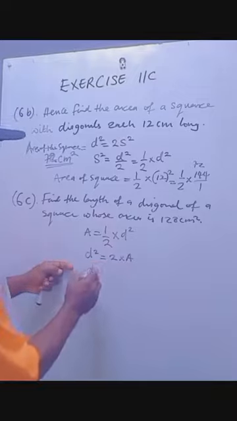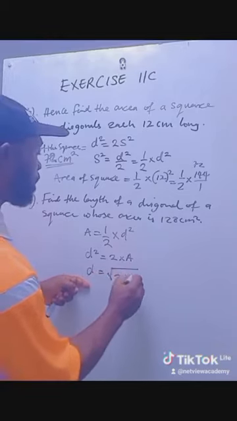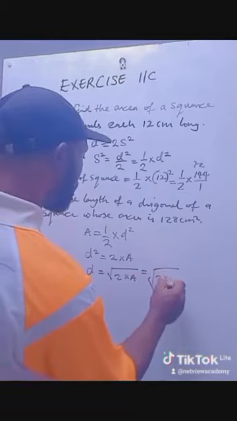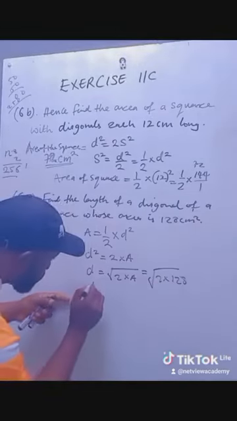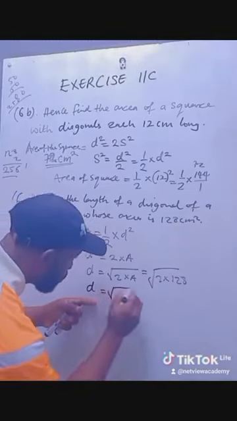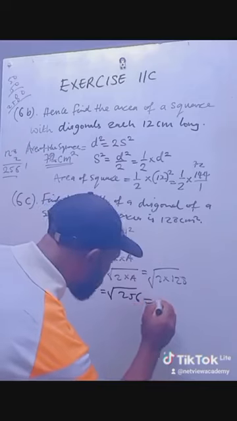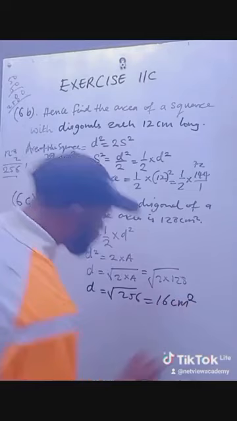The length of the diagonal, D, is equal to the square root of 2 multiplied by the area of the square, which is equal to the square root of 2 multiplied by 128. Therefore, D is equal to the square root of 256. And the square root of 256 is equal to 16 centimeters.